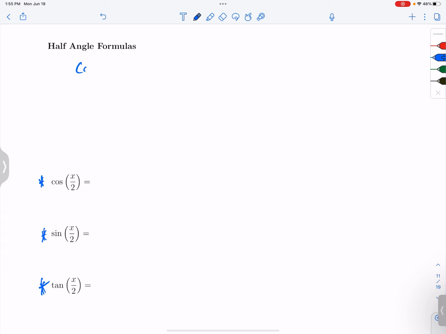So let's start with cosine of 2x. I have the double angle formula for cosine, and I'm going to use this version, 2 cosine squared x minus 1. Actually, I want to solve for cosine squared, so I'm going to add 1 to both sides.